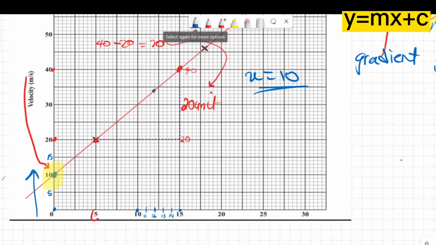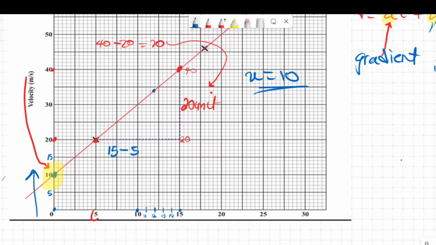Now we have to pay attention to this. This is 5 and 15. So 15 minus 5, that means this length is 10. So this is 10 units right here. So we have to be careful with the scaling. You don't want to count and say 1, 2, 3, 4. A lot of people would have said 1, 2, 3, 4, 1, 2, 3, 4, and say 4 over 4.